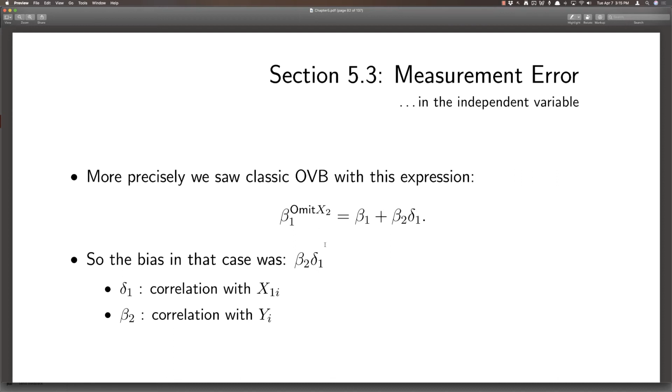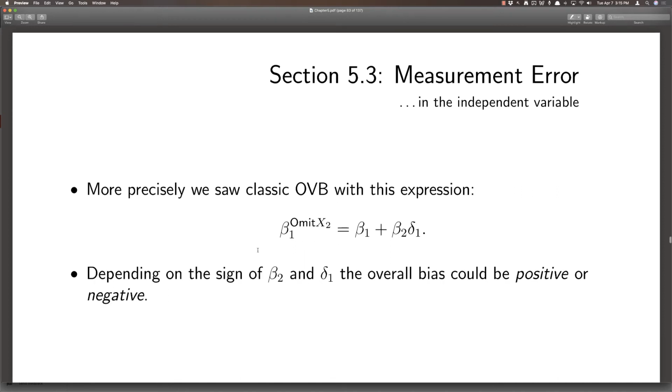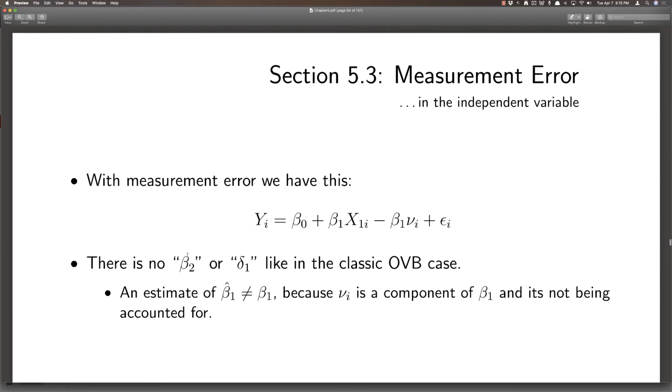That was the omitted variable problem. And we saw that depending on the sign of beta 2 and delta 1, the overall bias could be positive or negative. There's no beta 2 or delta 1 here. It's just nu. An estimate of beta 1 hat will not equal beta 1 because nu is a component of beta 1.